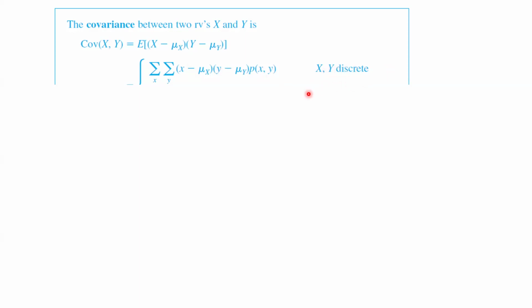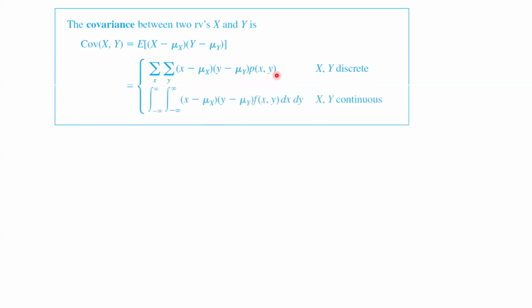When you have discrete random variables, it is the double summation of this function, like in the previous slide, h of x and y, multiplied by p of x and y. And if you have continuous random variables, it is the double integral of the function h times f dA.